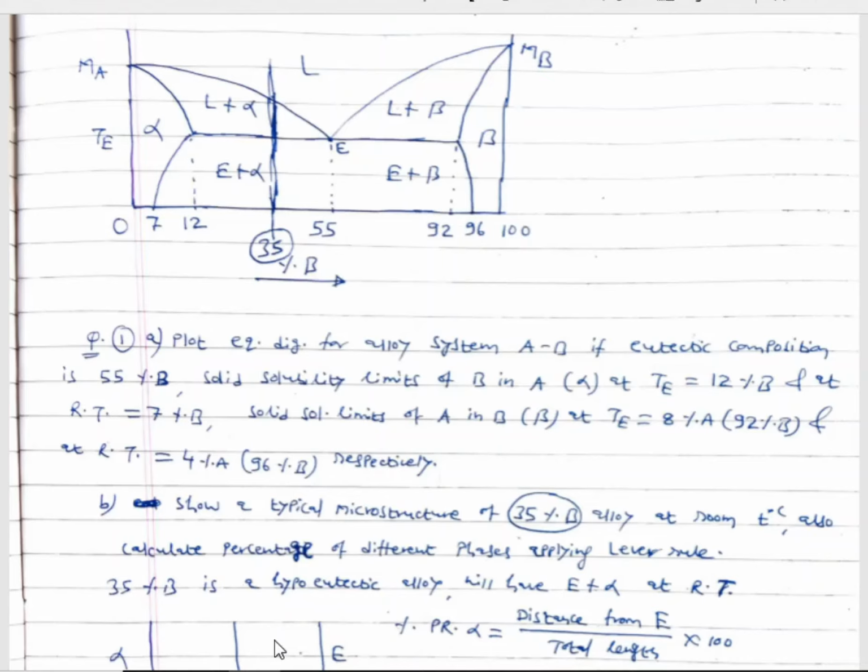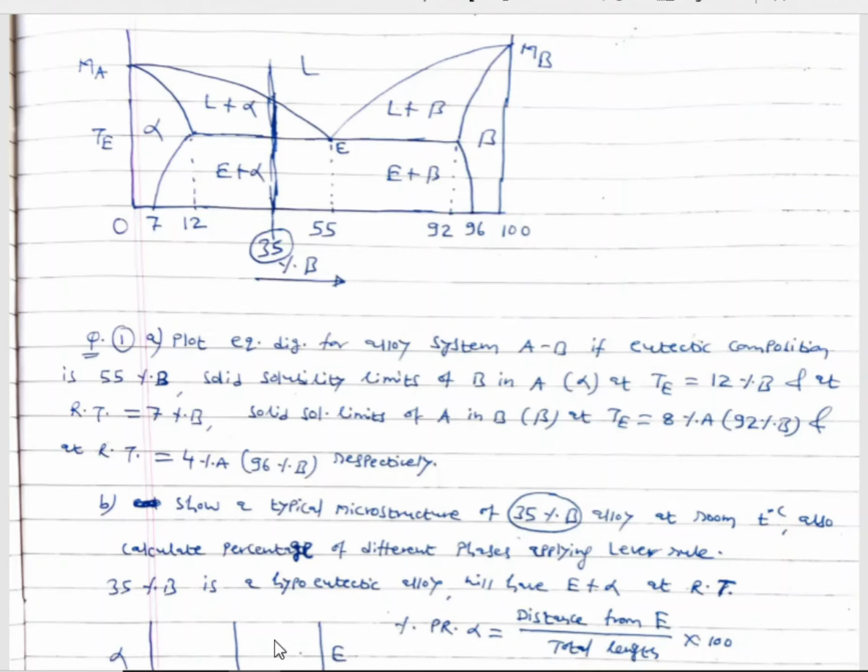Similarly, on the right hand side, the solid solubility limits of A and B will be shown in beta solid solution. So it is given to you that at eutectic temperature a maximum of 8% A can be dissolved in 92% B, and a maximum of 4% A can be dissolved in the remaining 96% B.